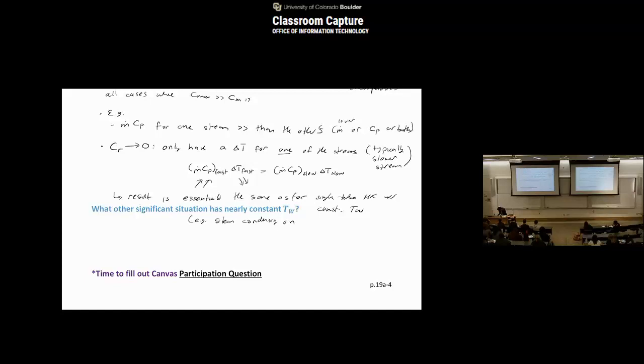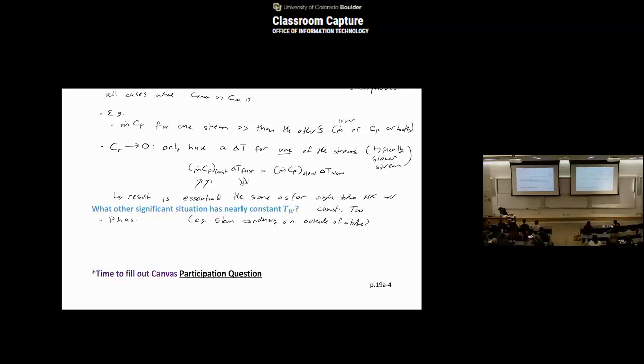So steam condensing on, say, the outside of a tube. Okay, and what's special about this situation, this is a very special case of heat transfer. This is a situation where we have a phase change.